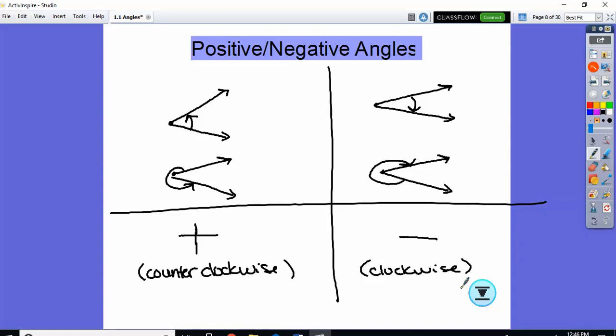So it all depends on where that arrow is drawn when you look at your measurement and try to decide if it's positive or negative. Any questions so far?